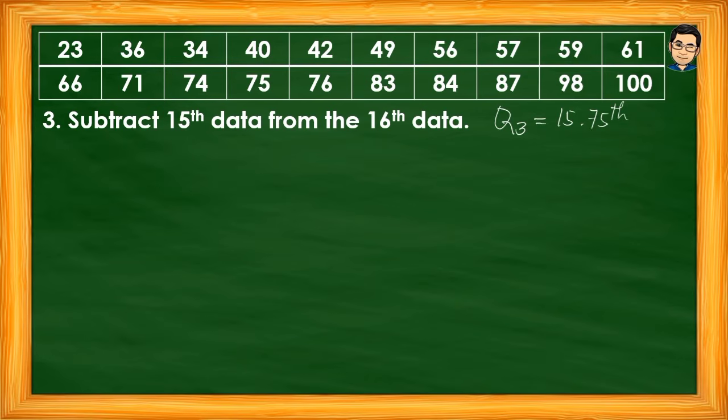So, kung ititrace natin yon dito sa ating data na naka-arrange, yung pang 15th data natin is 76, while 83 is the 16th data. So, following the step, we will subtract. So, 83 minus 76, that is equal to 7. So, the difference between 83 and 76, or the 15th and 16th data, is 7.